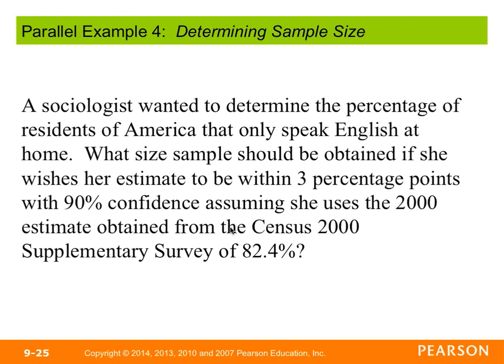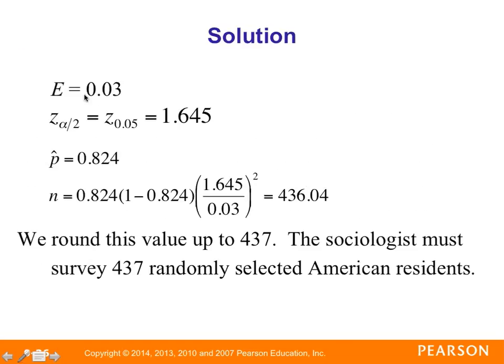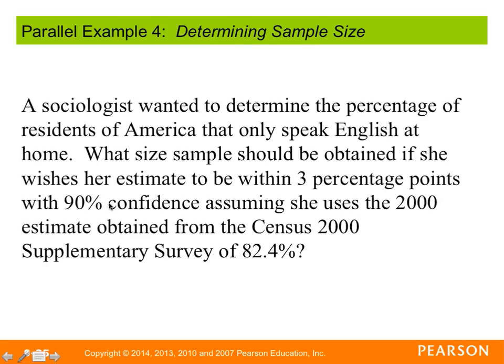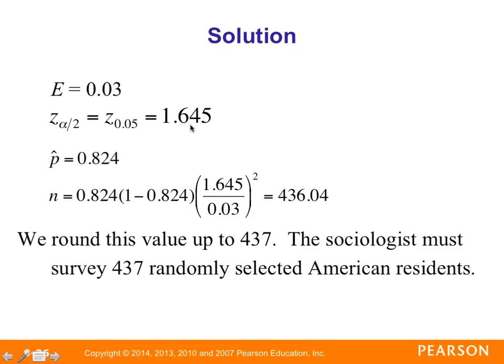She wants her estimate to be within 3 percentage points, so the margin of error here is 0.03. Z alpha over 2 is going to be Z of 0.05 because we're interested in 90% confidence. So this is going to be 1.645. The prior estimate that we have is 82.4%, so our p hat is 0.824.